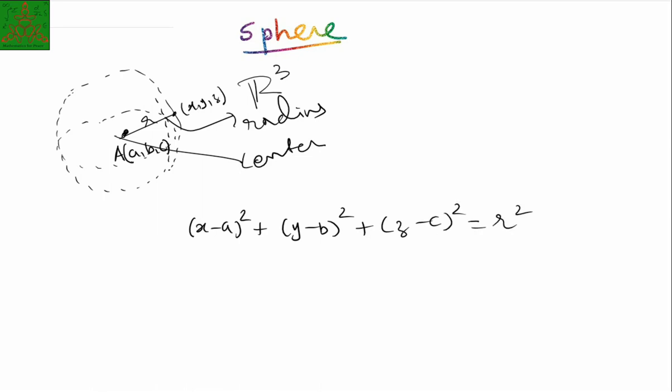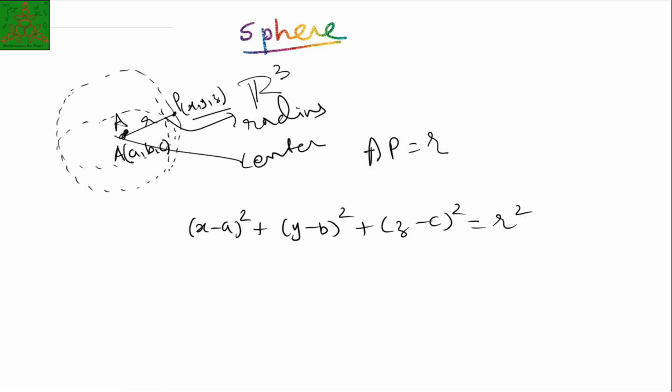The distance between this point A and this point P on the sphere is AP, so AP is equal to R. If I take the square on both sides, we have this equation, and this (x, y, z) is any arbitrary point on the sphere.